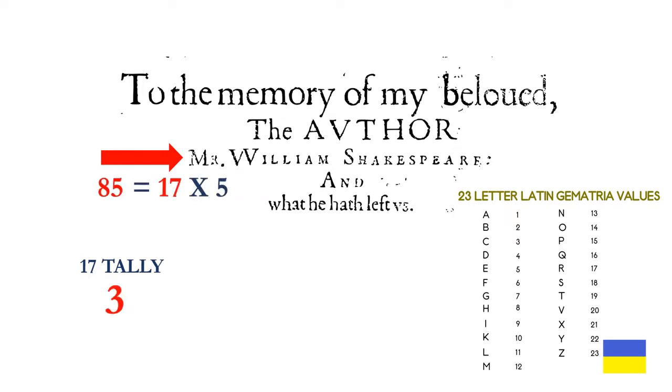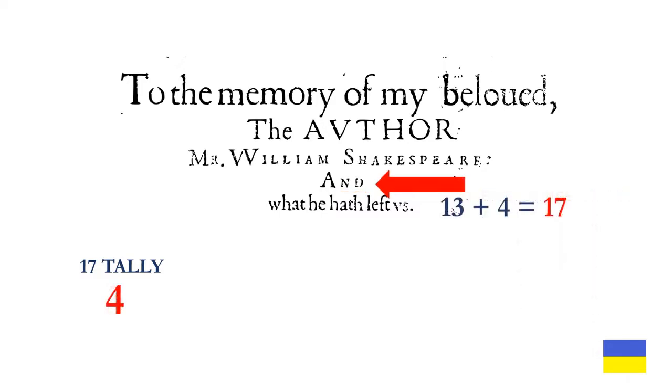85 is 17 times 5. But if we add up the numbers 155 plus 70, we get 225. We're going to use this number in a few seconds. The N and the D in line 4 with and, their values add up to 17.